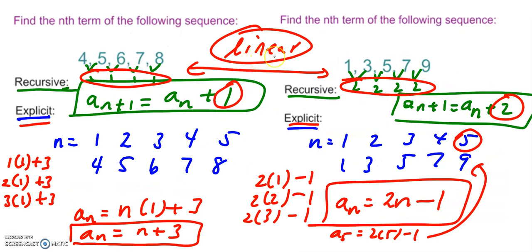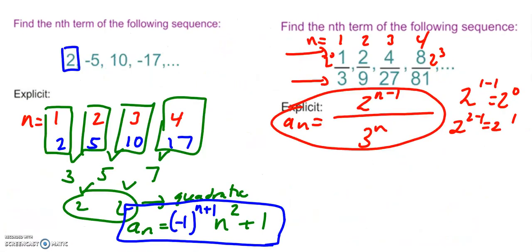Sometimes the functions are linear like this, and these patterns are nice, but unfortunately, sometimes we do just have to rely a little bit on guess and check and pattern recognition. So again, your teacher will have a lot of practice for you. If you have any questions about any of these, please make sure to ask your teacher tomorrow.